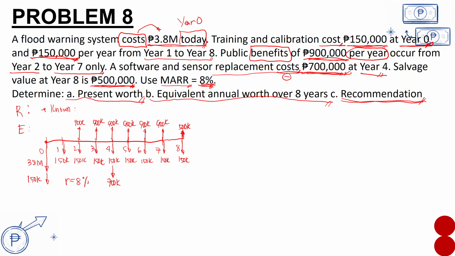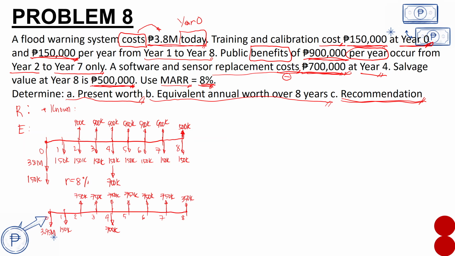Or you can also just use this one as is. This one we call our gross cash flow. Now, if you would like to convert this into the net cash flow, we are just going to subtract the benefit and the cost. Like this one, this is a net cash flow. Not really a total net, but more likely a partial net because I retained the 700,000 pesos cost in here.